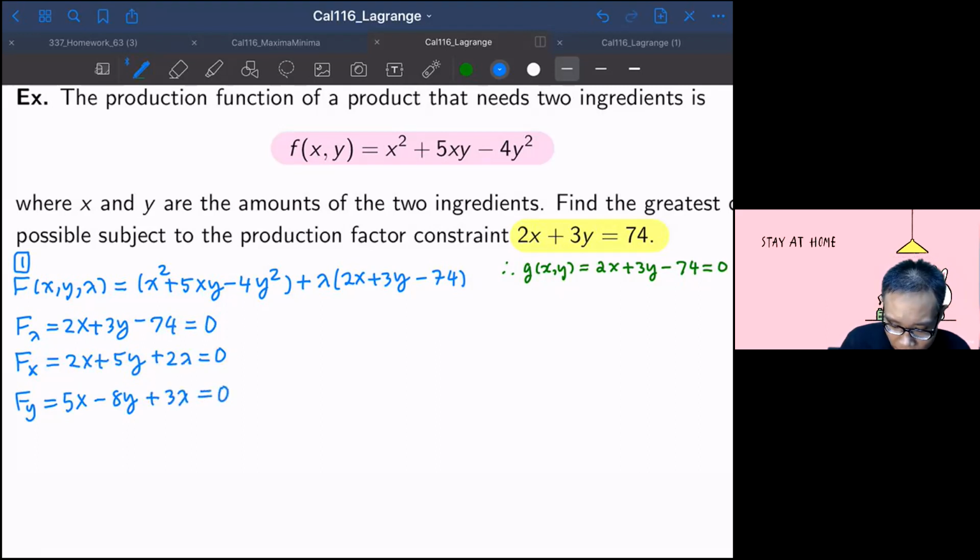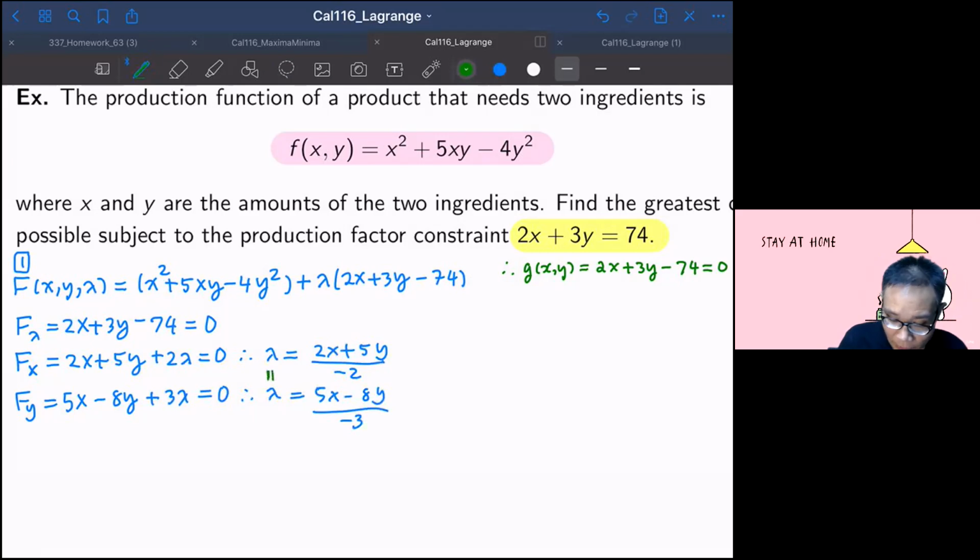So from here you're gonna solve for lambda. Lambda will be 2x plus 5y over negative 2, and another lambda from Fy will be 5x minus 8y over negative 3, and the lambdas are the same.